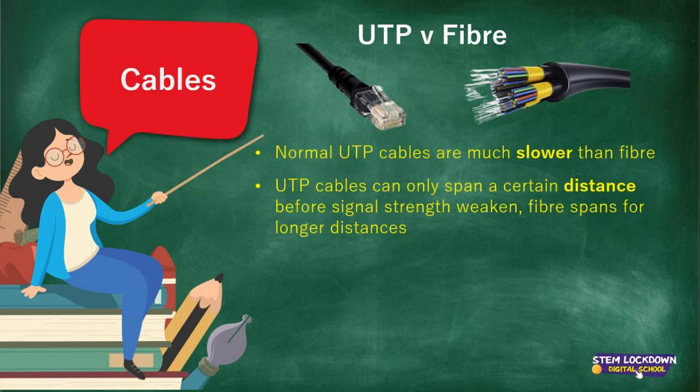But when you have a larger area to cover, for example, a university, I'm sure you have been to some university campuses that are very big. Connecting the different networks on the university will require a certain distance for the cables.